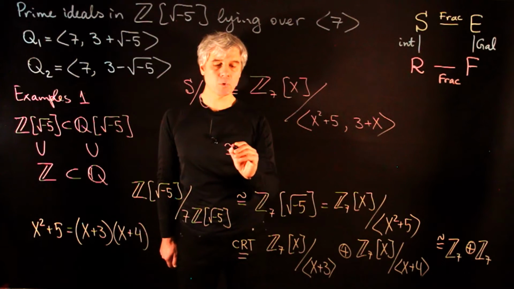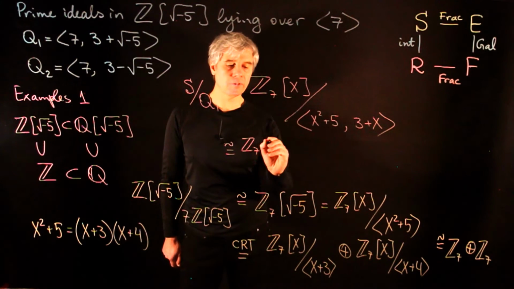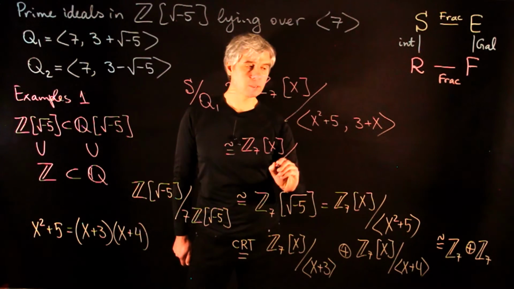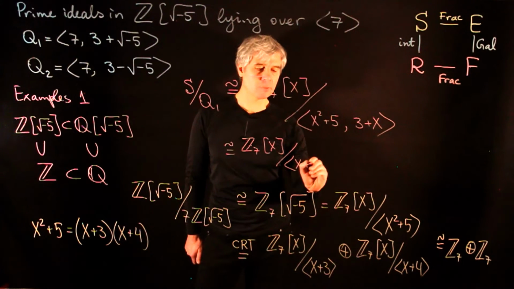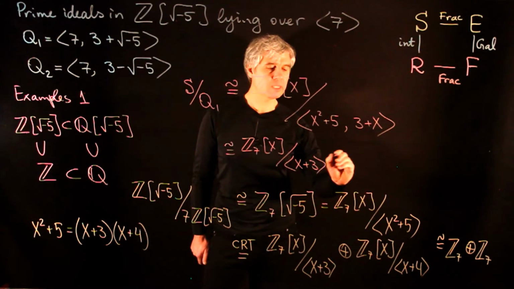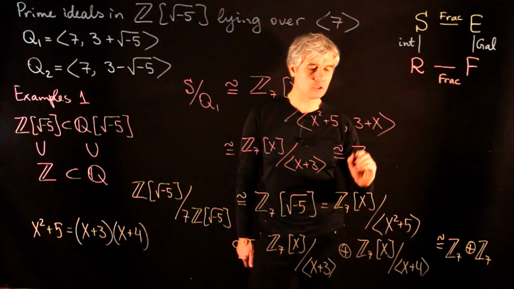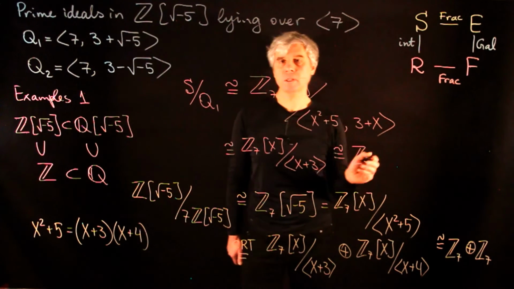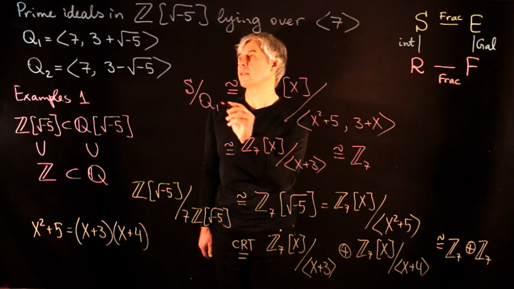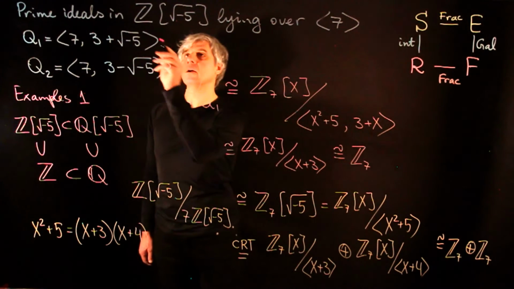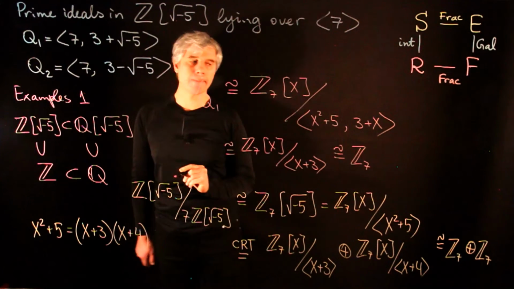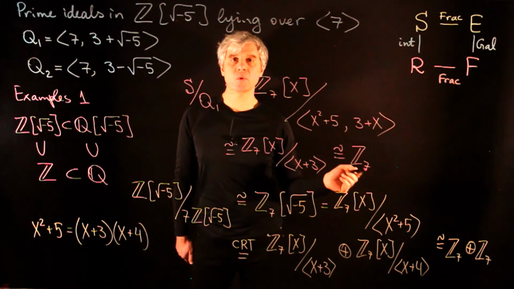So this is isomorphic to Z_7[x] quotient by the ideal generated by x plus 3. And we see that the result is just Z_7, which is a field. And this means that Q1 is in fact a maximal ideal of this ring. And so it is prime, because Z_7 has no divisors of 0.